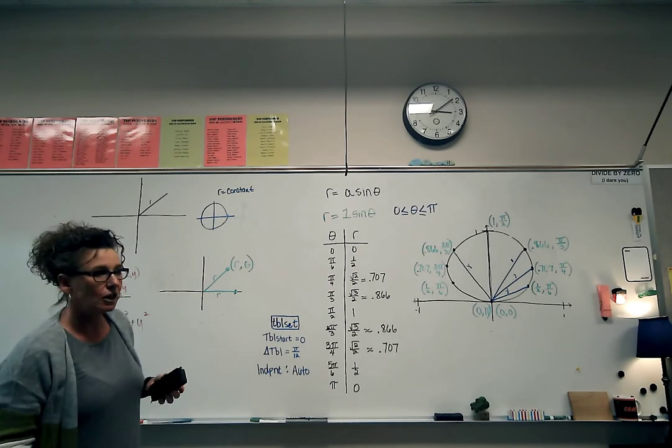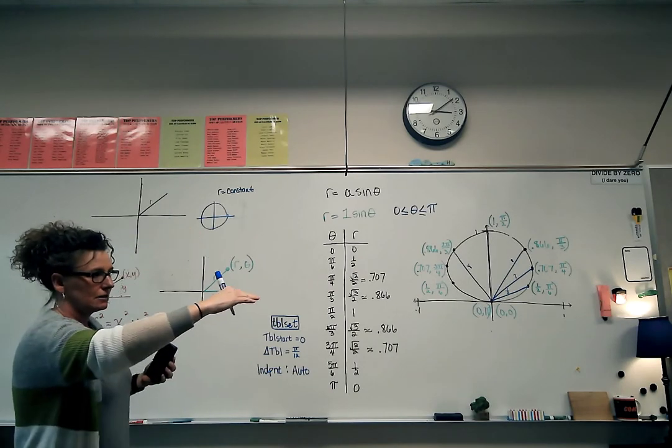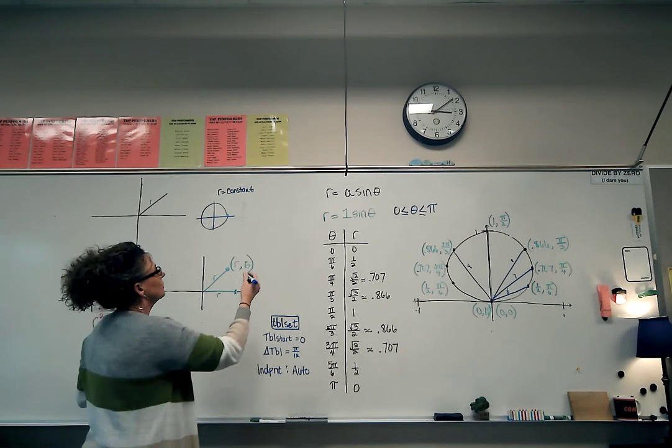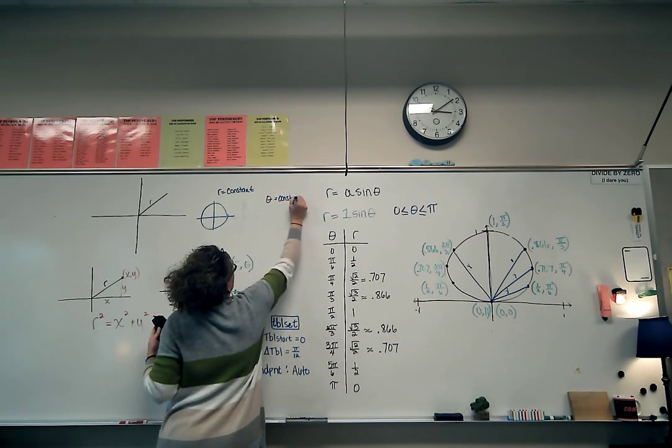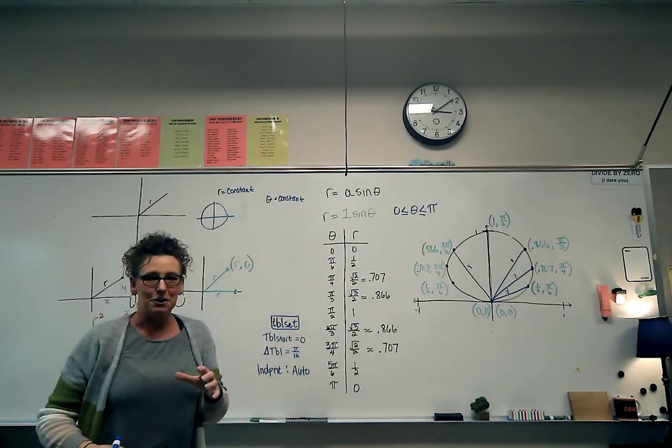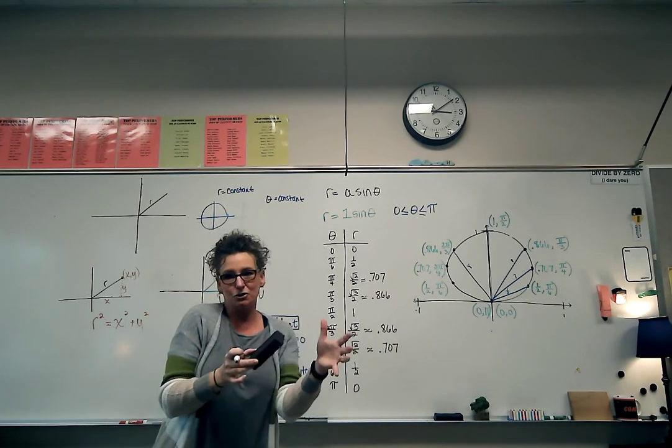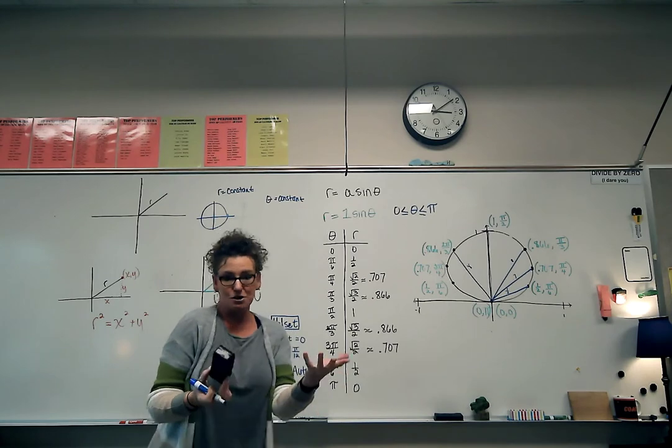If your radius is a constant, your degree can be anything. What if theta is a constant? It's kind of like comparing, what if I graph x equals 2 versus the graph of y equals 2? So it's kind of like that.